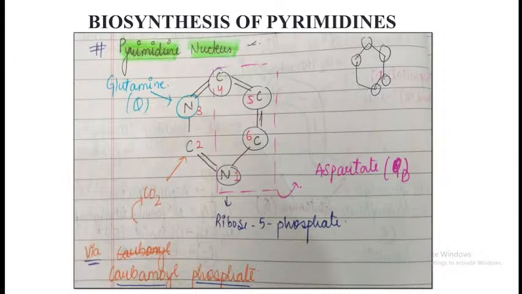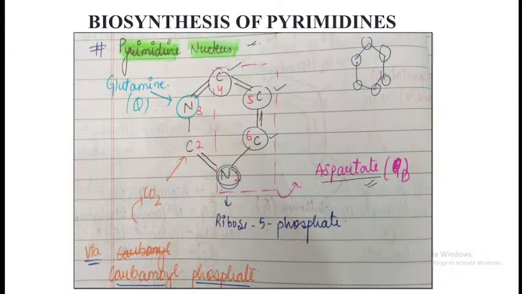And there must be some source from wherever we are getting them, and finally this structure gets formed. So you need to make sure that you are remembering all the sources. So N1, the nitrogen at the first position, and the carbons at the fourth, fifth and sixth positions, all these are derived from aspartate.